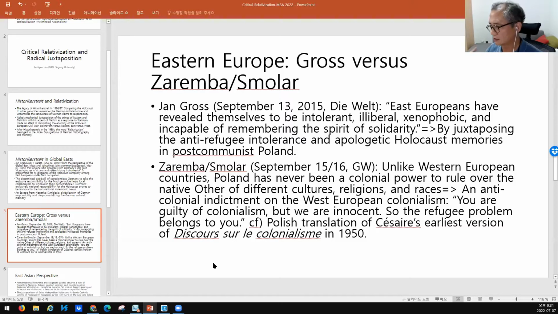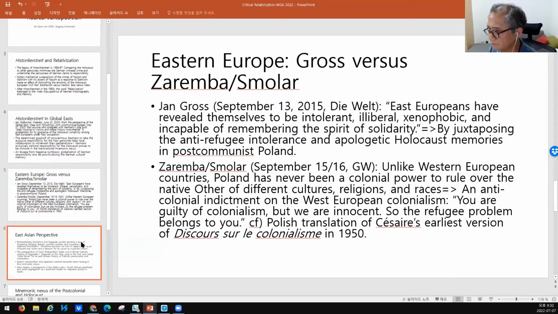So one of the earliest translations of Césaire's work was done in Poland, but after that, that sort of post-colonial approach to the Second World War was just forgotten in Poland. I don't know why. Perhaps it is one of the questions that should be answered.